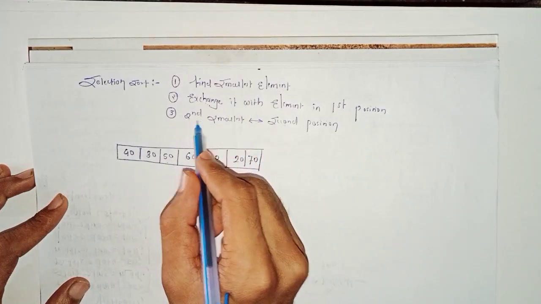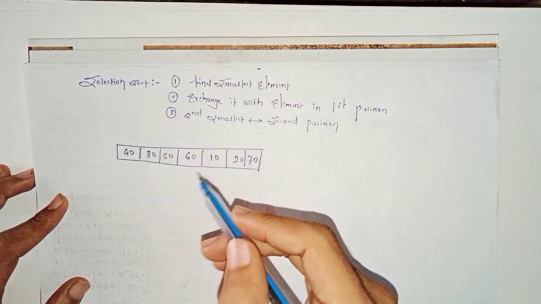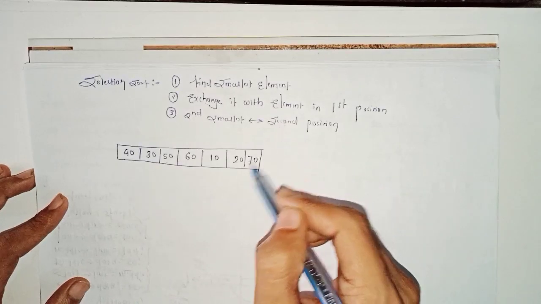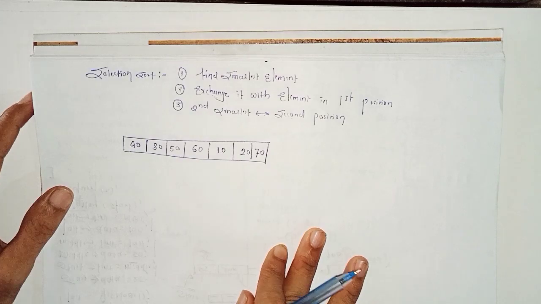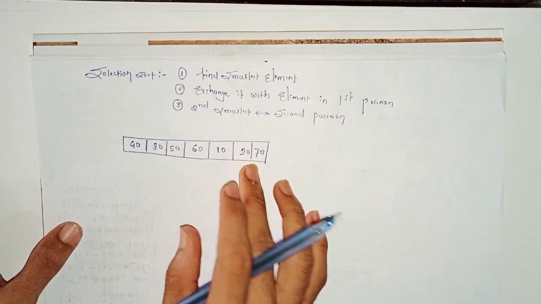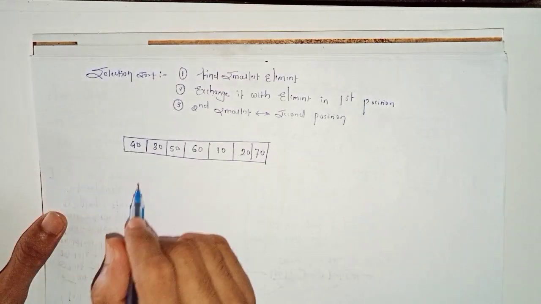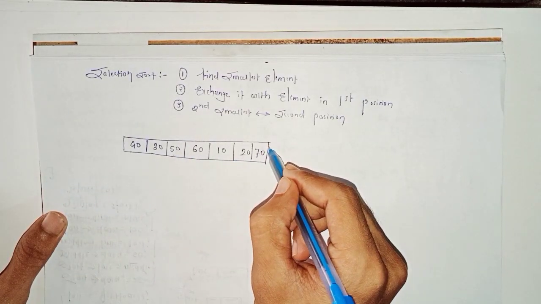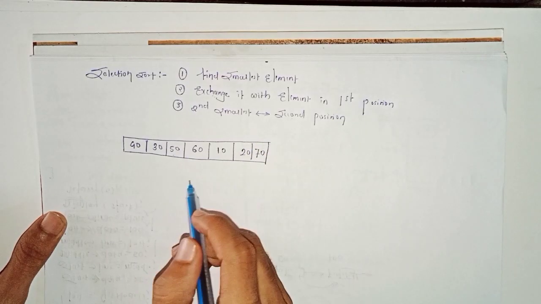Then again we need to select the second smallest element and swap it with the second position, select the third smallest element and swap it with the third position, and likewise. So here we will require three variables. First, the i variable to track the number of passes, second, the j variable.